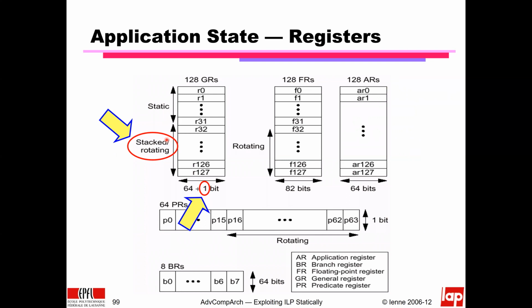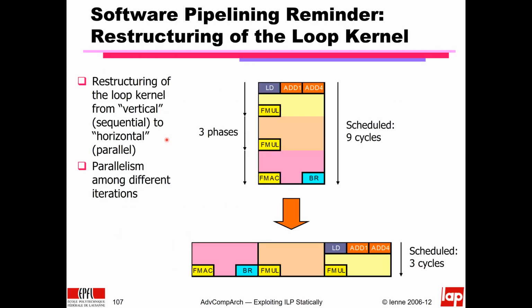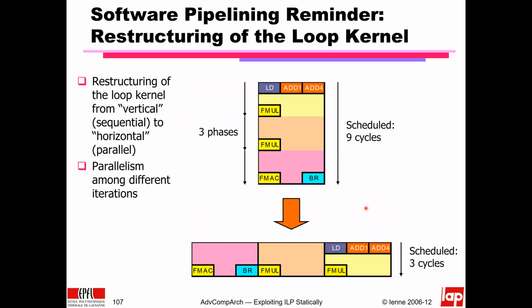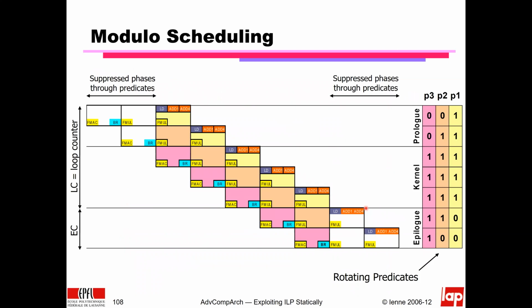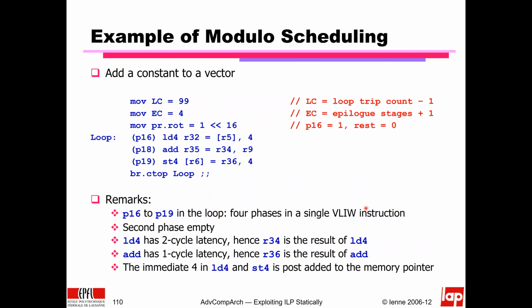It is a trivial renaming maybe compared to the renaming of our out-of-order processor, but it's still a form of renaming. It's written here, this change of all the registers from one iteration to the next, which has some other advantages besides the ones of the predicates that we use here, but yeah, it needs hardware and makes it relatively difficult to write the code.